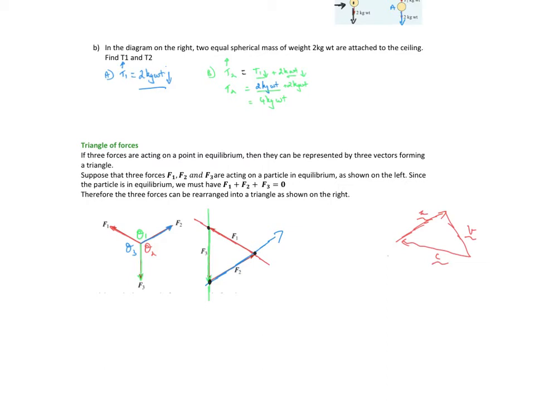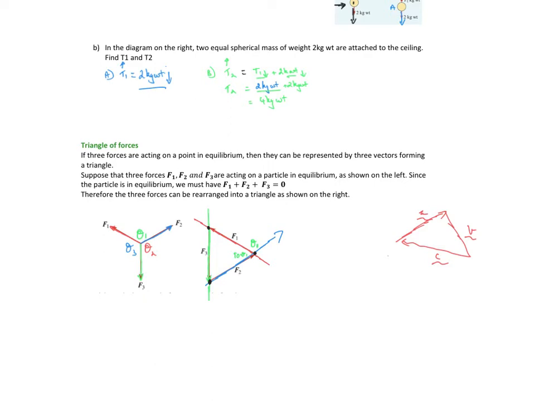Now let's think about where theta 1 is. Theta 1 is the angle acting between F1 and F2, in between the red and the blue line. So that's theta 1 there, which means the angle in the triangle is 90 minus theta 1.